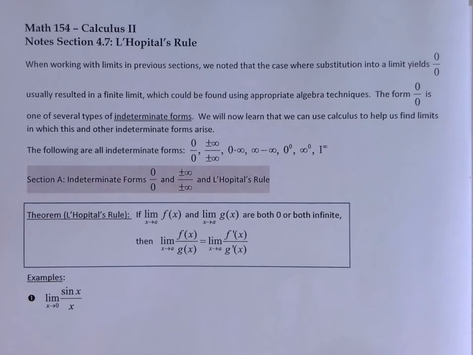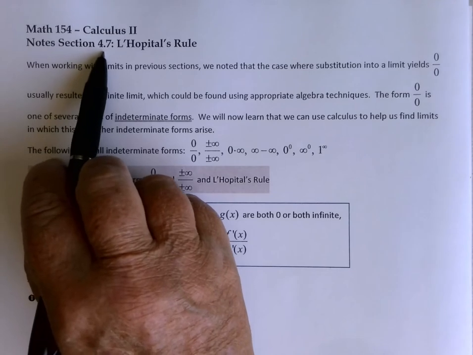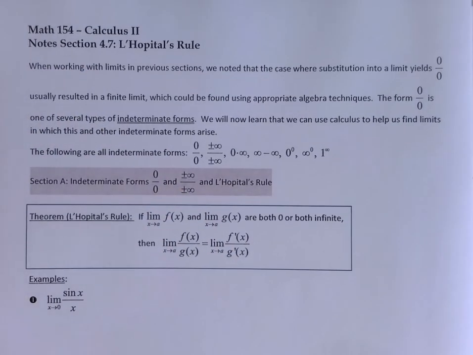This was actually covered in section 4.7 in your textbook, but as I said, we kind of skip over it in Calc 1, and we're going to go back and pick it up right now.